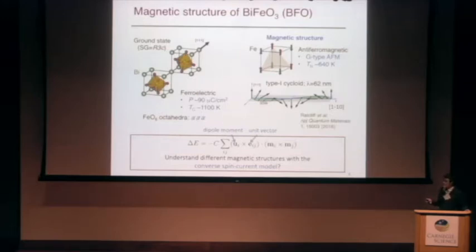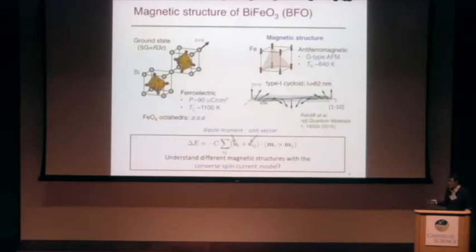Bulk BFO also has a type 1 cycloid with a modulation wavelength of 62 nanometers propagating along the 1-10 direction. In some previous works, a converse spin current model was proposed to explain the existence of this spin cycloid.